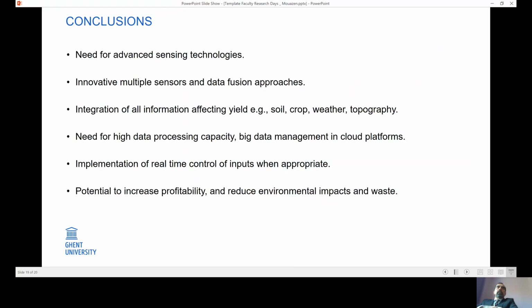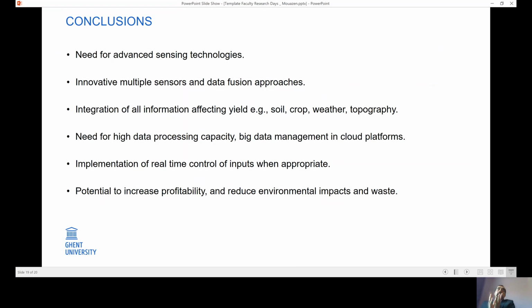I'd like to conclude that we need to use advanced sensor technologies, and that multi-sensor data fusion has to account for all yield affecting parameters in the system. We should really consider a system approach here, even when we deal with one field as a case of focus.